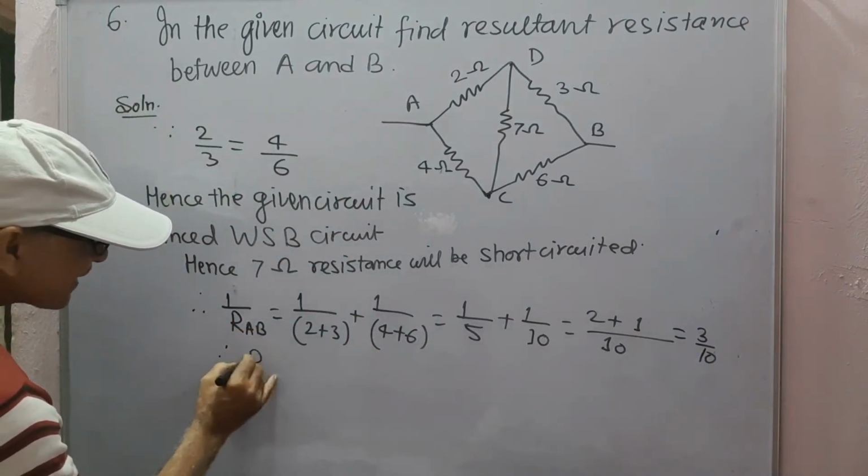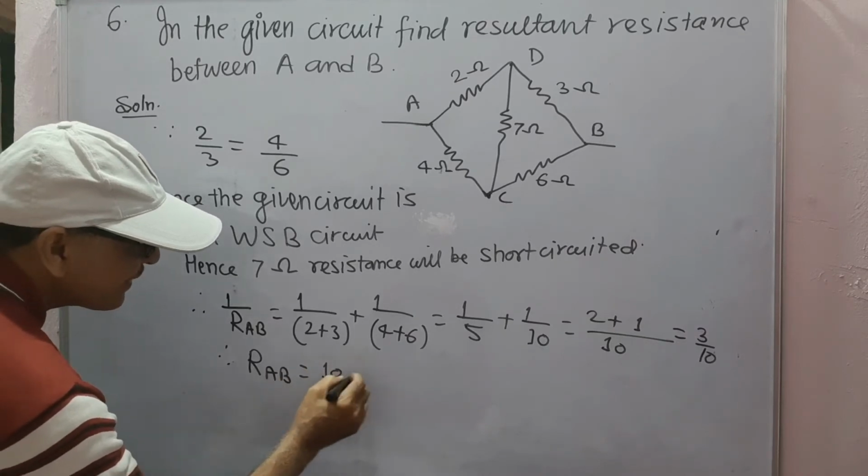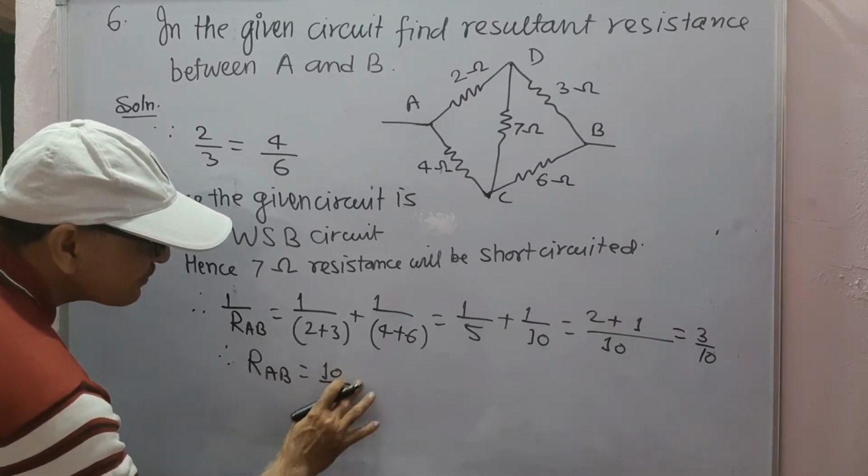So, resultant resistance between A and B will be equal to 10 upon 3 ohms.